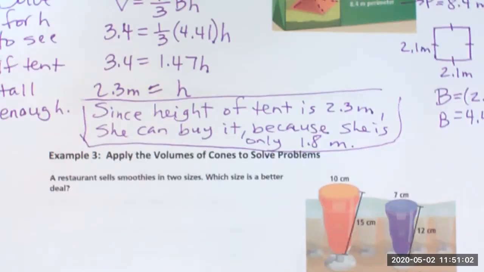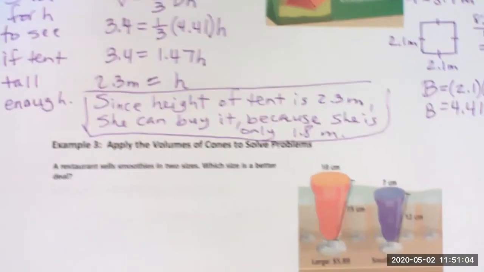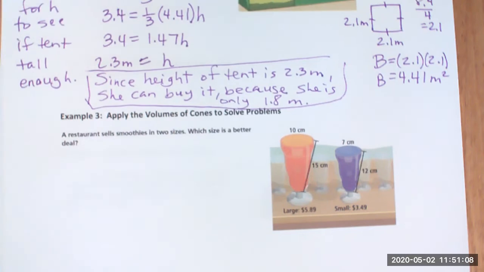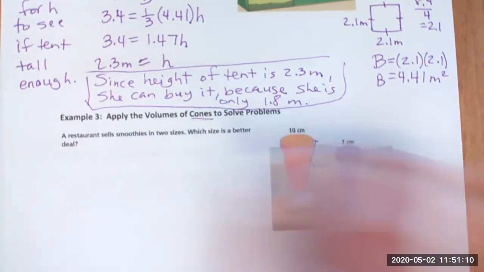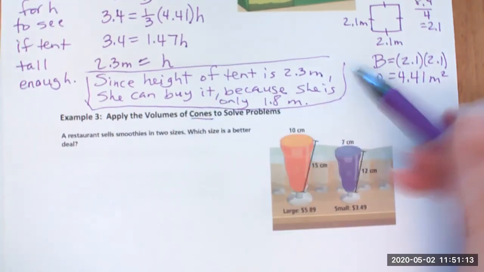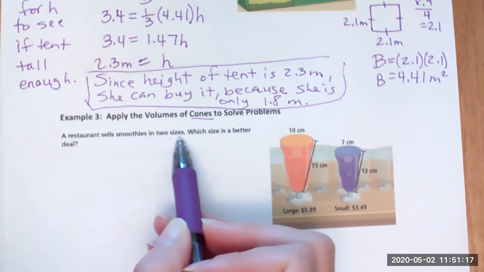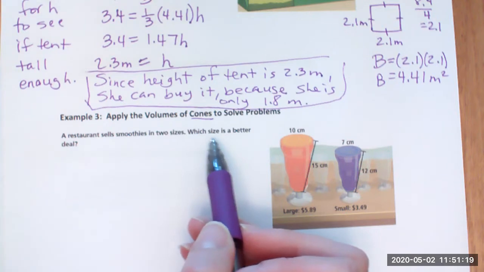All right, so we have a little bit of a longer problem here where we're going to look at volumes of cones. Okay, now if you look at these drinks here, they are supposed to be smoothies. It says a restaurant sells smoothies in 2 sizes. Which size is a better deal?